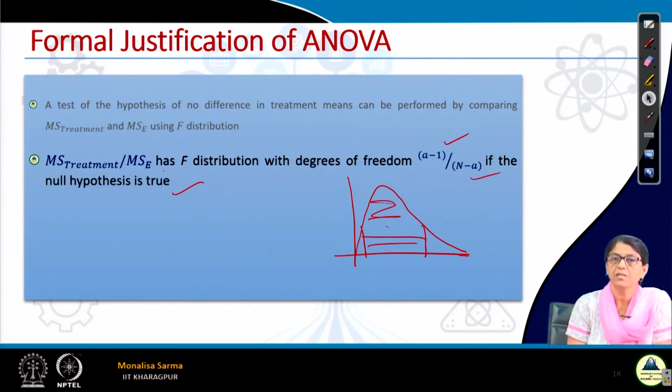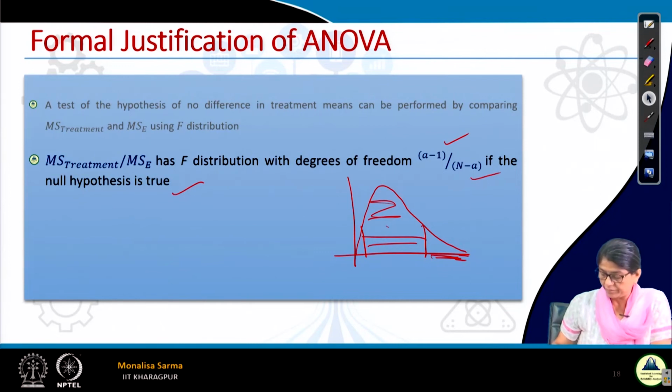MSE is something I am trying to find out, the variance of all the data. So MSE will not change. Now, what happens if the means are not equal? This MS treatment variance will get a much bigger value. When my numerator value is bigger, F, which is nothing but MS treatment by MSE, will be very high. That means my F value will lie in the critical region, the rejection region.